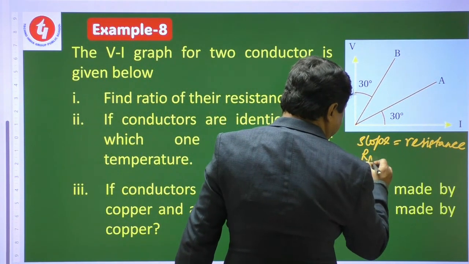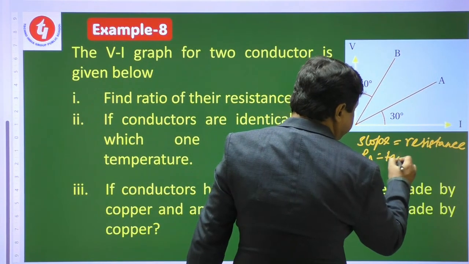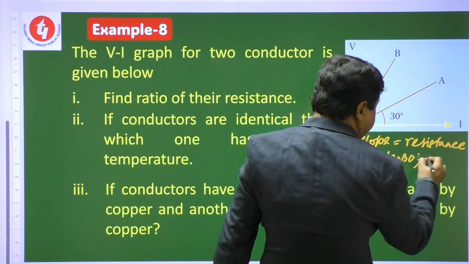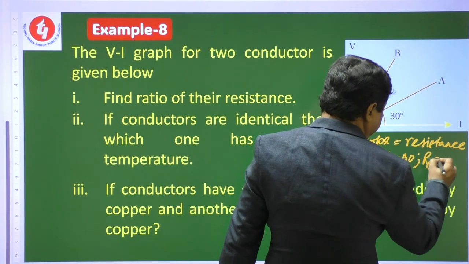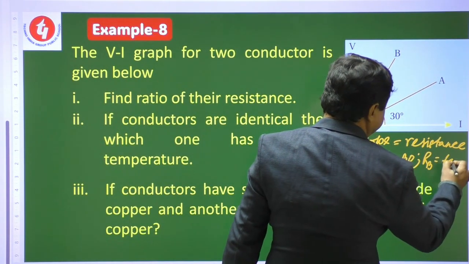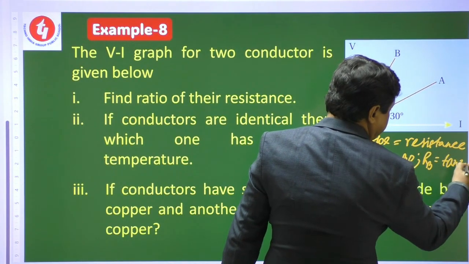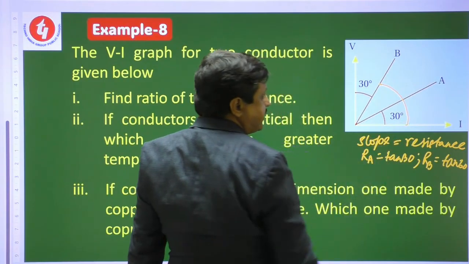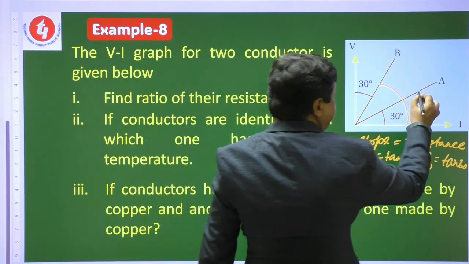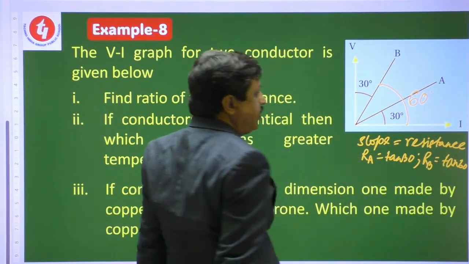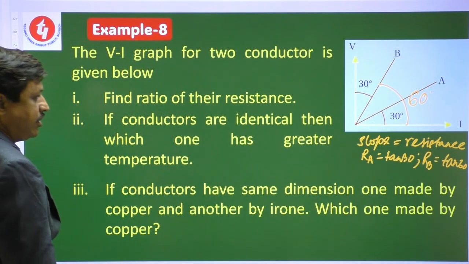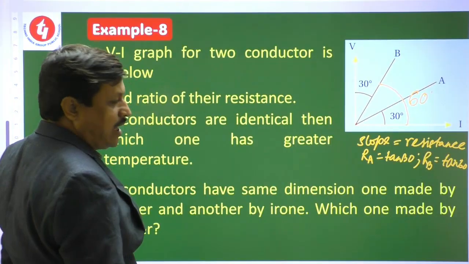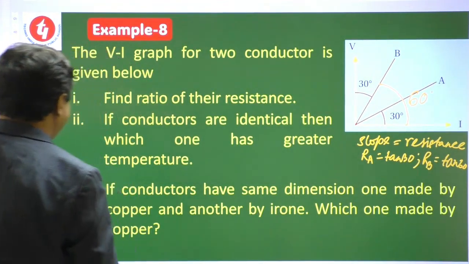Resistance of A will be tan 30. And resistance of B will be tan 60, because B makes an angle of 60 degree with the x-axis. So resistance of A will be tan 30 and resistance of B will be tan 60.